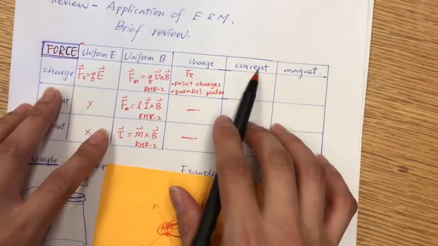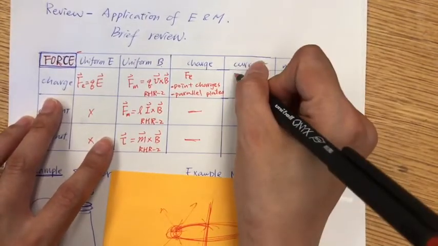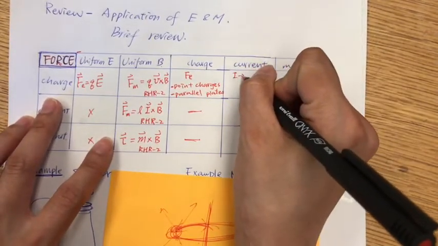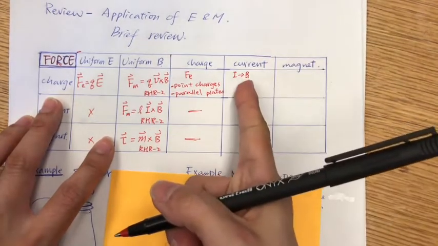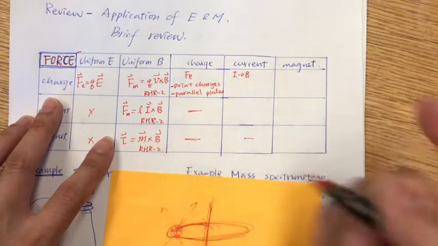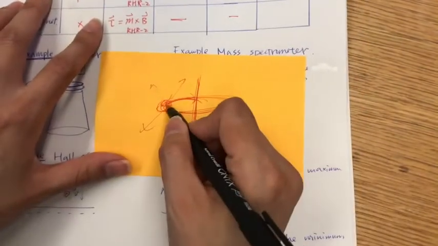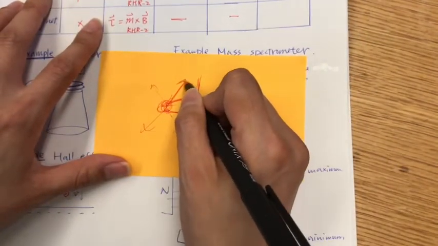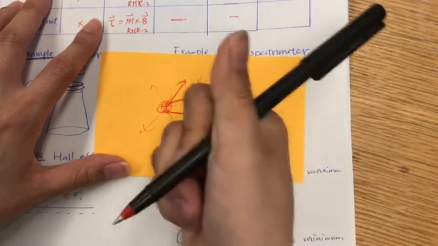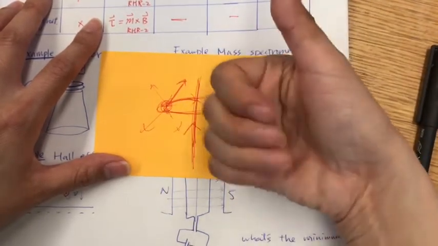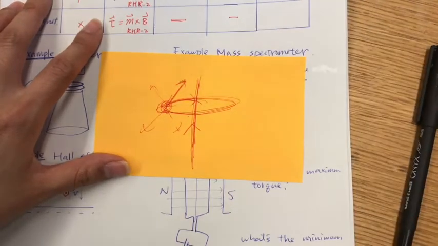So what's happening here is the current creates a magnetic field, and then the charge will feel this magnetic field if the charge is moving. Say the current is going up, the magnetic field will go counterclockwise.